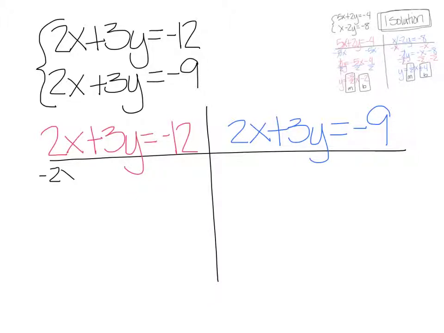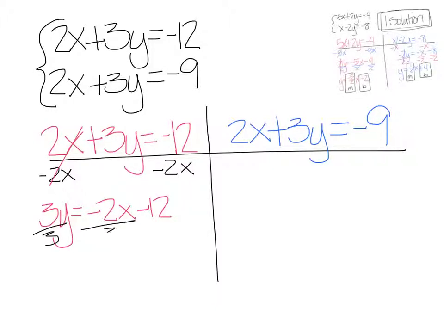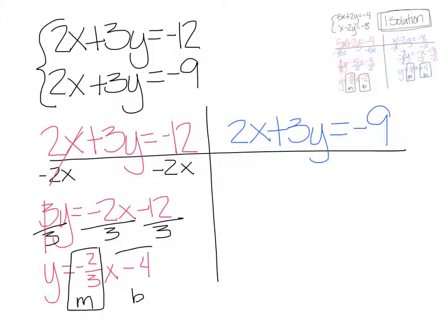Alright, so I'll start by subtracting 2x from both sides. Gives us 3y equals a negative 2x minus 12. Divide every term by the coefficient. So we have y equals a negative 2/3 x minus 4. Our slope and our y-intercept easily identifiable.